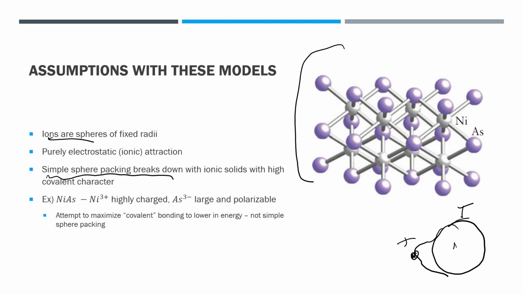So because of that, we end up with not a simple sphere packing model, we end up with this weird structure. This structure is not attempting to maximize ionic interaction, it's attempting to maximize covalent interaction. We're actually trying to form the most covalent bonds. And that's why you have this much weirder structure that we haven't really talked about.